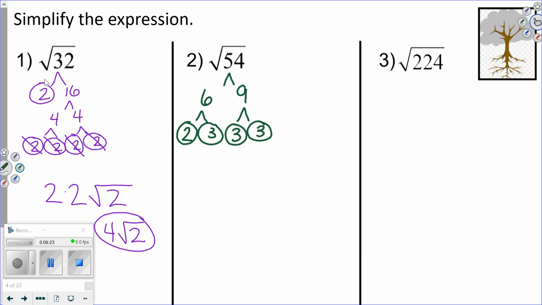Okay, so we're looking for pairs. Do we have a pair of anything? Yeah, we got a pair of 3s. So they come out as just 3, right? They come out as one couple, just the one of them. And what leftovers do we have? What am I going to do with the 2 and the 3? We're going to multiply. And it's going to become a 6.